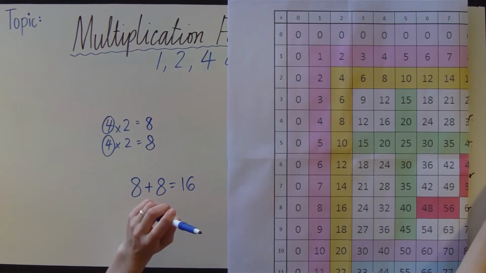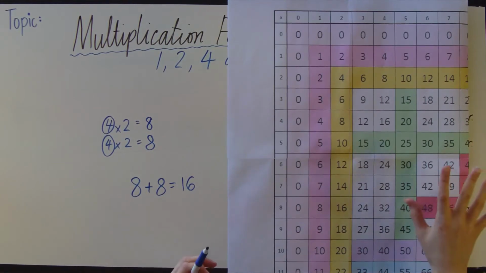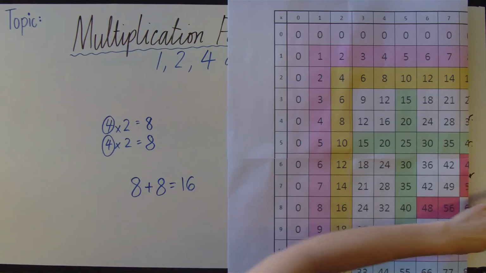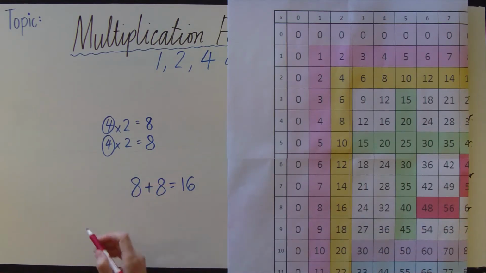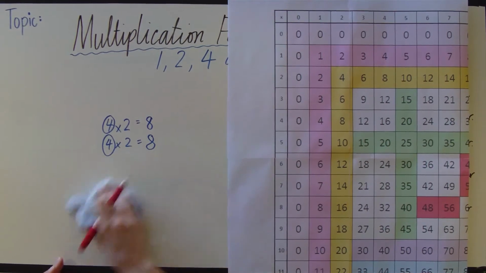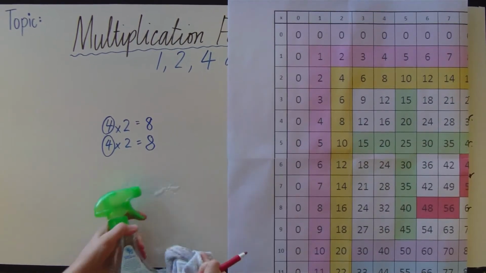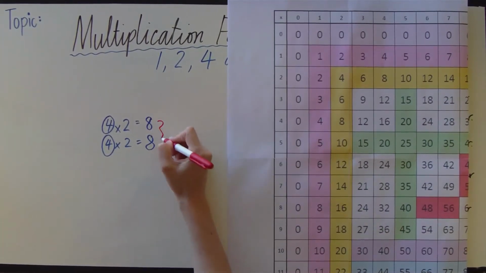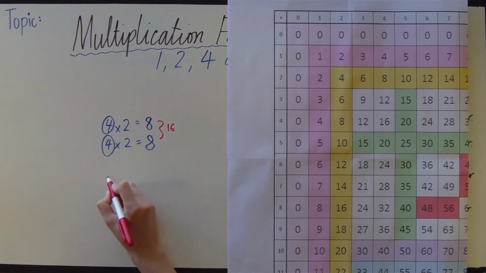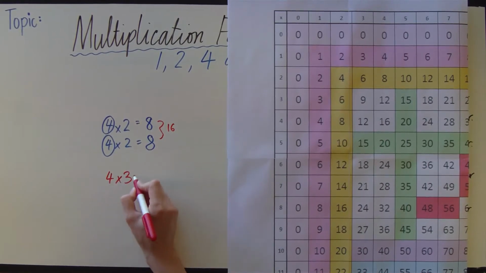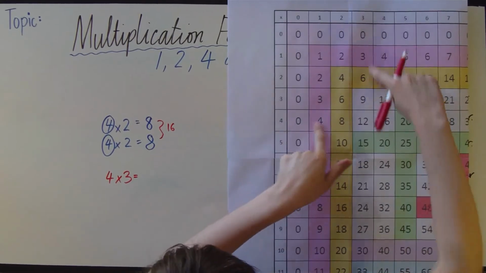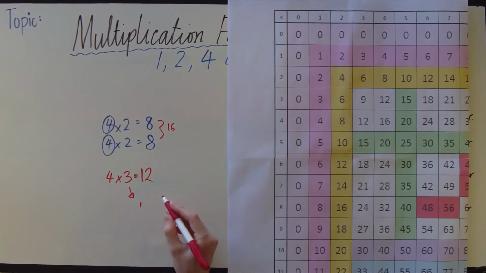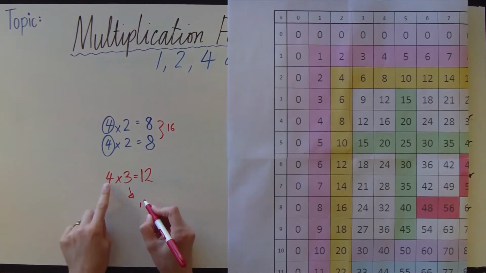And let's have another look at another example quickly with the 4s, just in case that was a bit tricky for you. So with 4 times 3, 4 times 3 is 12, and to work that one out, we can just double 3 two times, because that's what we're timesing by 4.